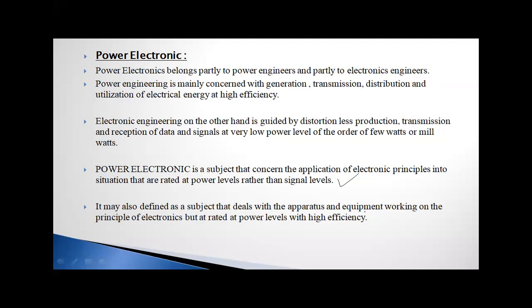Power electronics is a subject that concerns the application of electronic principles into situations that are rated at power levels rather than signal levels.